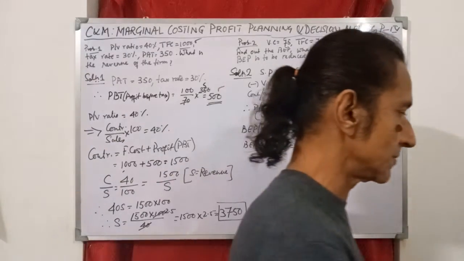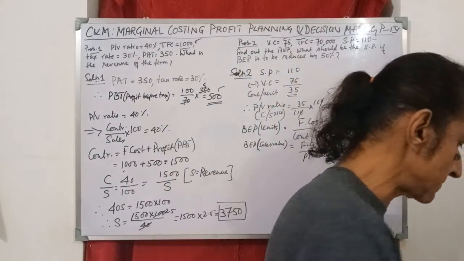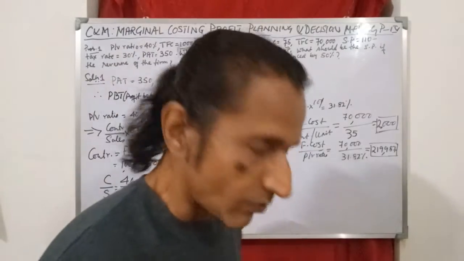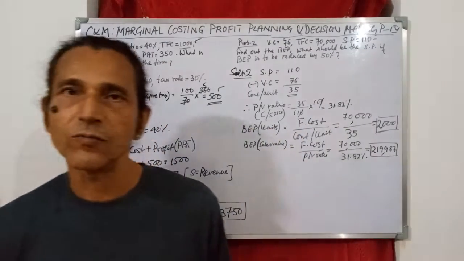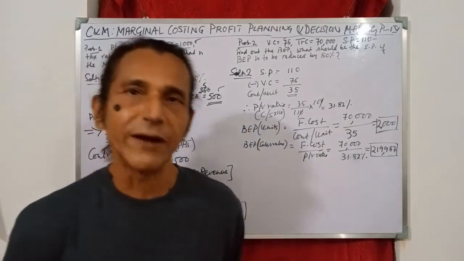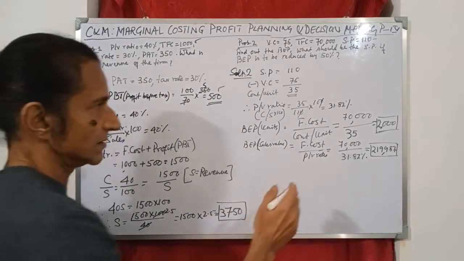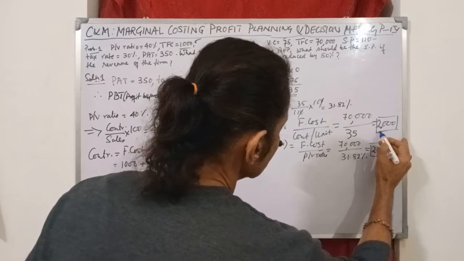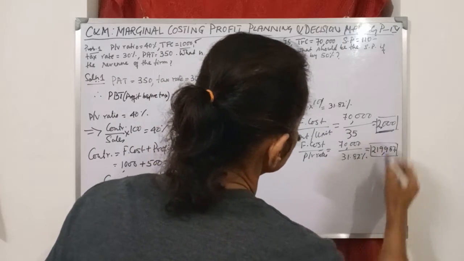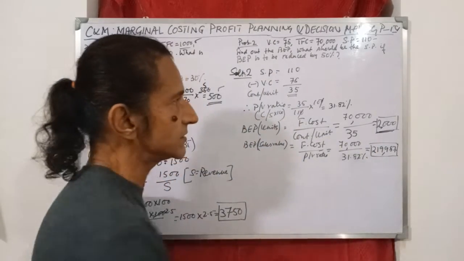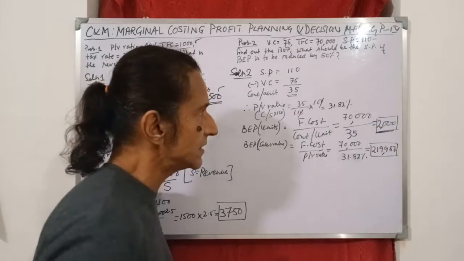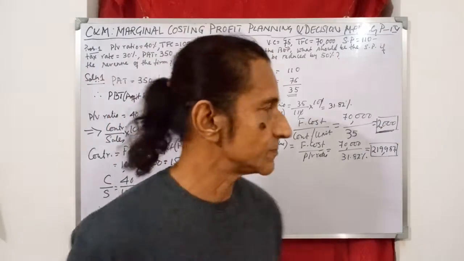Now, the next part of the problem is, what should be the sales price if the firm wants to reduce the break-even point by 50%? That is, the current break-even point is 2,000 units. So the firm wants to make it 1,000, that is, reduce it by 50%.